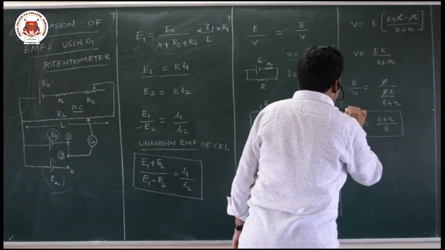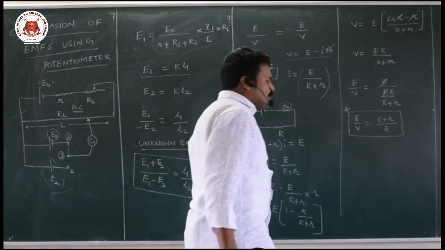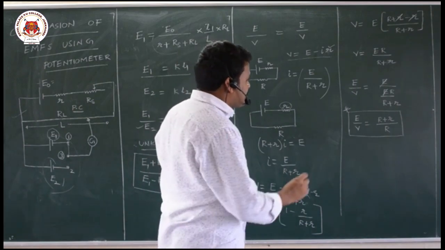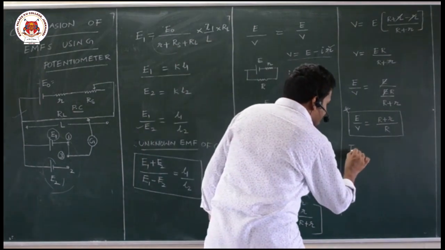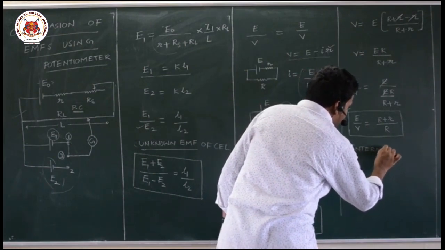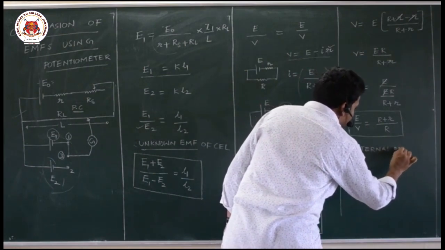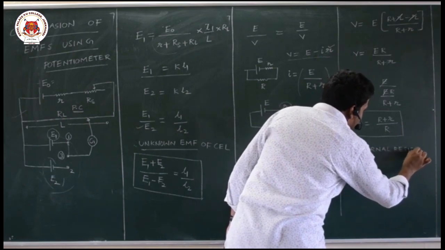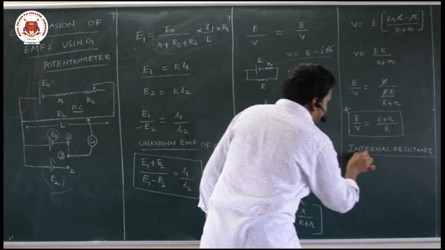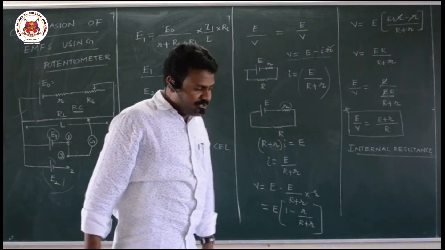This principle we will use to find the internal resistance of a cell. We can find the internal resistance of a cell by using a potentiometer. What is the principle here?